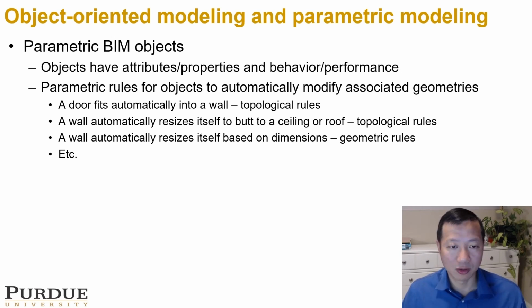This is also topological rules. A wall automatically resizes itself based on dimensions. This is called the geometric rules. So if you specify the height, the width, the thickness, the wall will adjust its size automatically. So the list can go on. Parametric rules and object-oriented modeling allow the modeling work in BIM to be extremely efficient and rewarding.